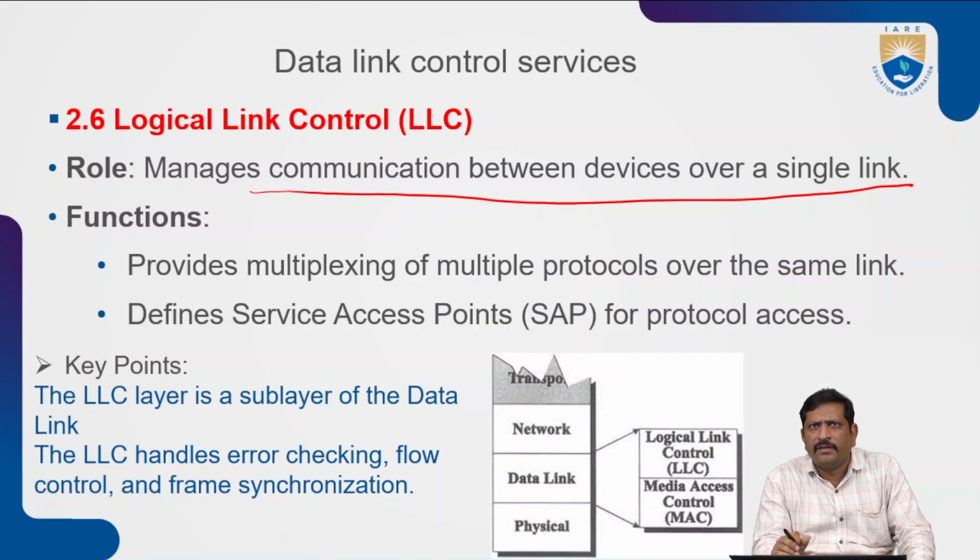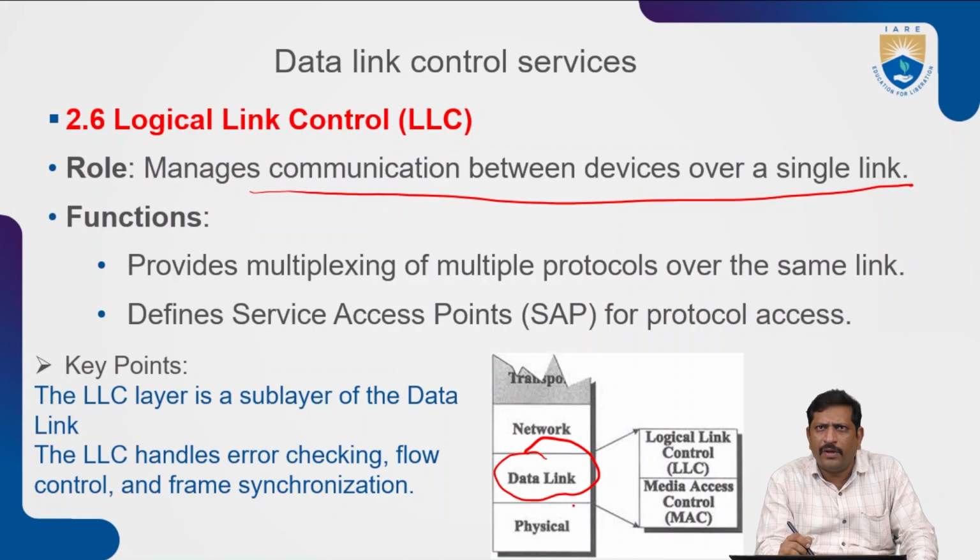That is the logical link. Now consider the data link layer in the OSI reference model, which has layers such as the physical layer, data link layer and network layer. Among these is the data link layer.